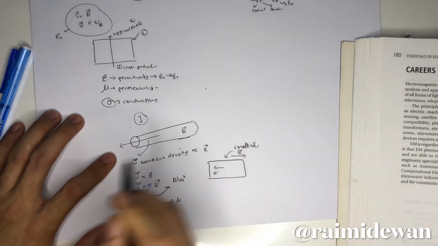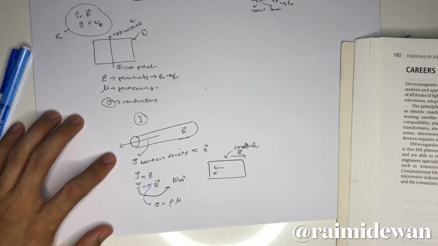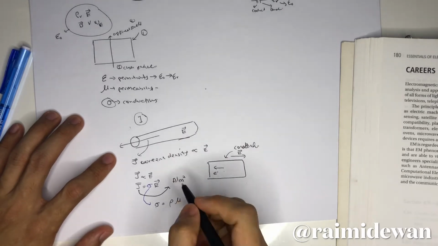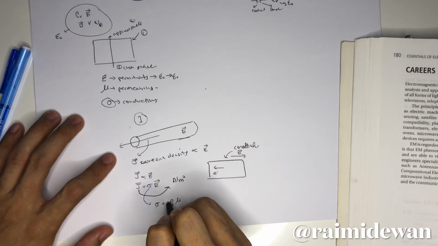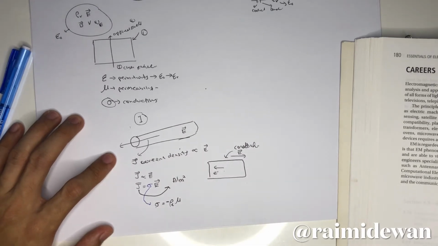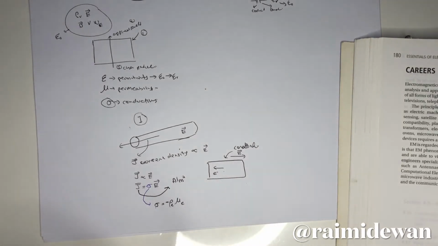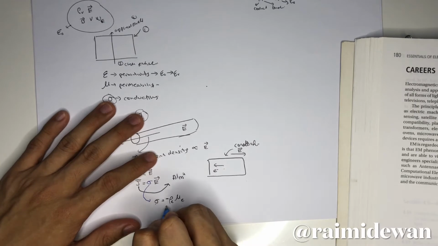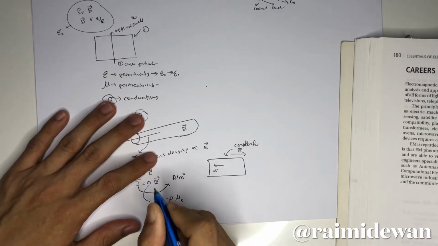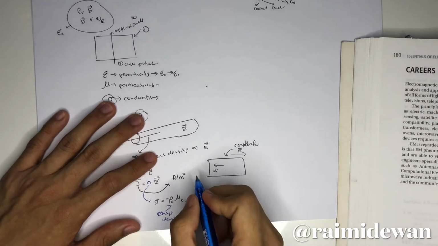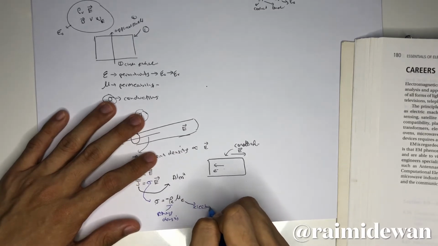So the conductivity is the product of the charge density of the electron, in the opposite direction, and this is with respect to the electron. Here this one is your charge density, and this one is your electron mobility, how mobile it is.